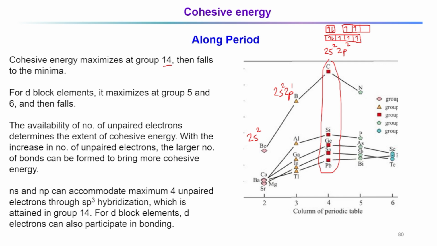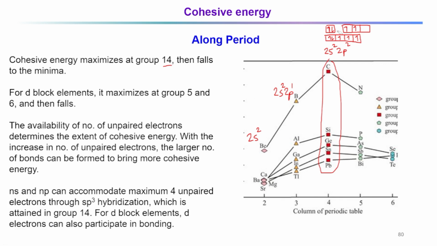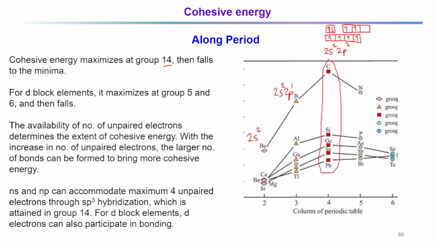Whereas carbon had 4 unpaired electrons, right? See, carbon has these 4 unpaired electrons. That's why carbon can form 4 bonds. So when carbon atoms are all over, one carbon atom binds to 4 different carbon atoms.